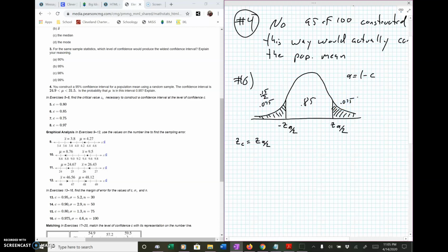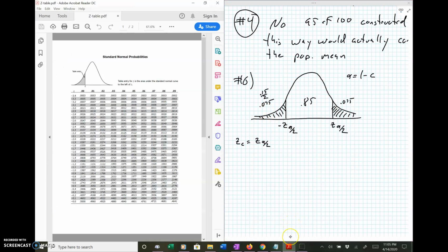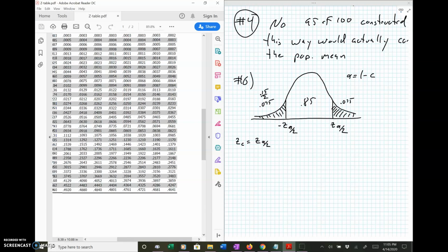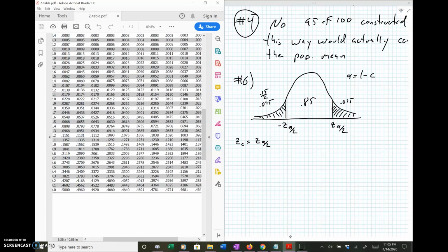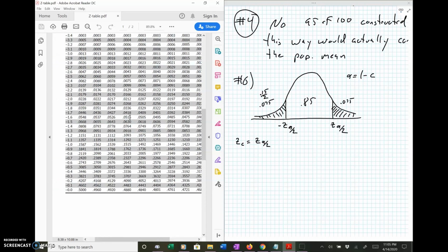0.075 is going to be the area over here. Z alpha over 2 and negative Z alpha over 2 are opposites because of the symmetry. So I'm going to look that up on my table, that 0.075 value. Right there, 0.0749.